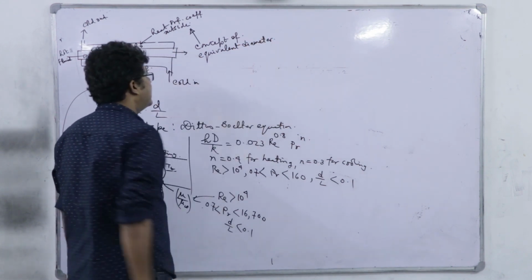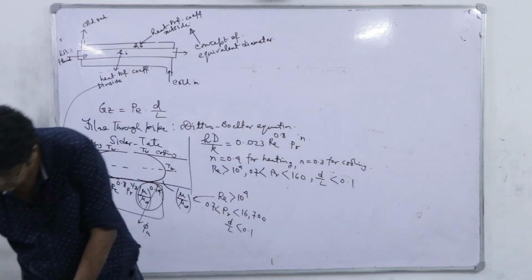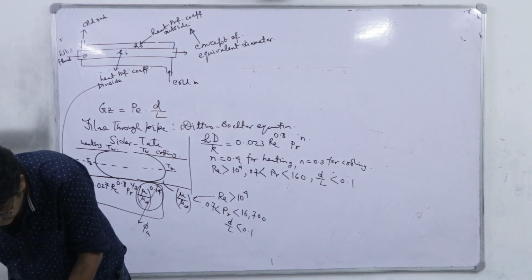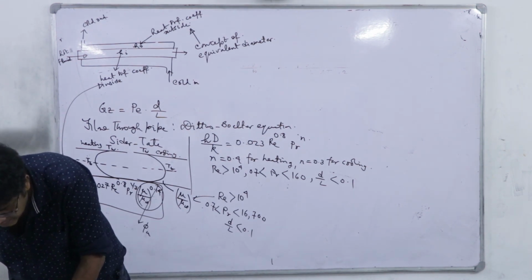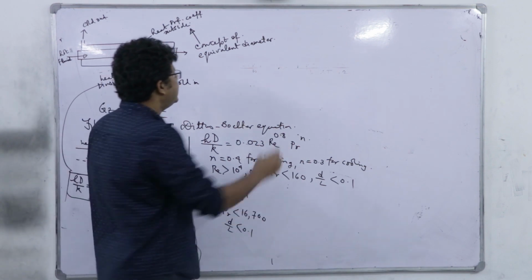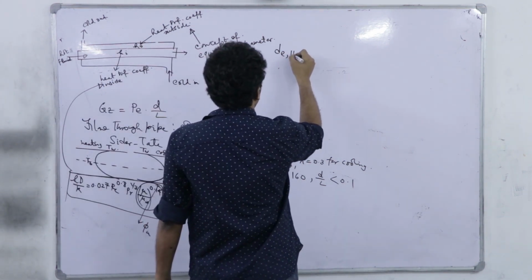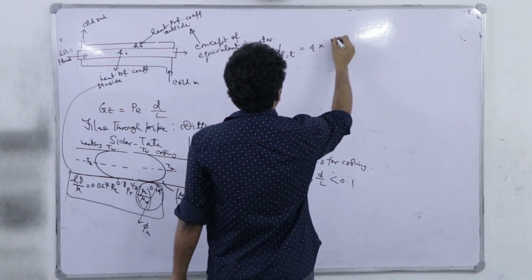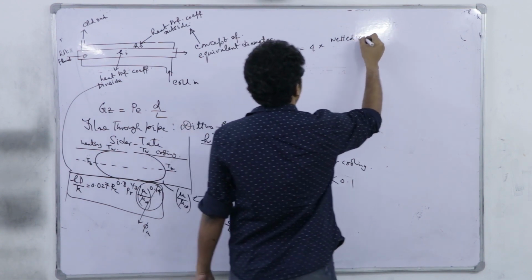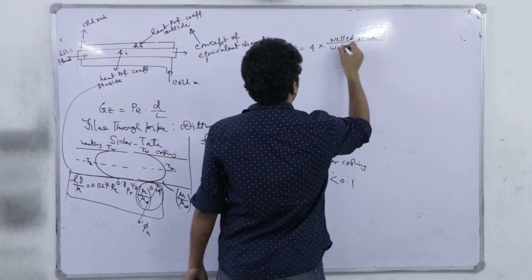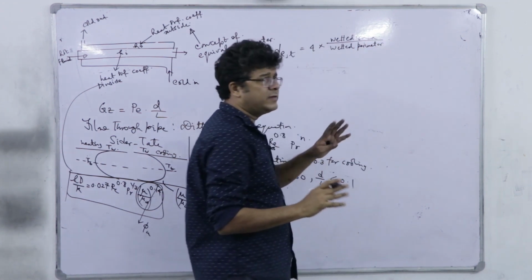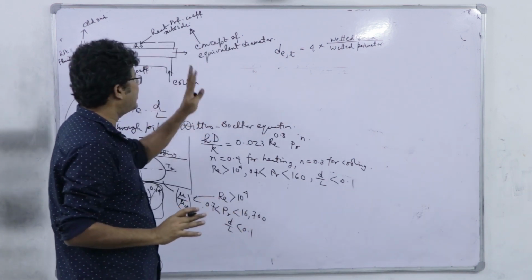right. Now, equivalent diameter, I think I have written as dE thermal, right, yes, dE for pressure drop calculation and heat transfer calculation. So dE thermal or DET, let us say DET, 4 into, just like the hydraulic one, weighted area by weighted perimeter, and this weighted area and area will be the same, but the weighted perimeter may change, just I am explaining it.